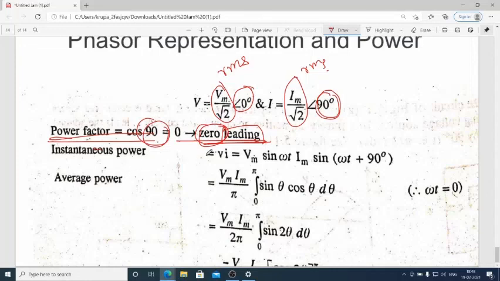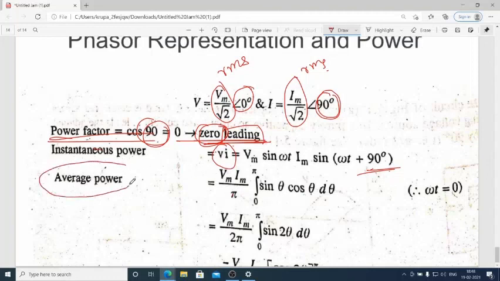What is meant by instantaneous power, and how do we calculate it? Instantaneous power is defined in terms of voltage and current: Vm sin omega t into Im sin omega t plus 90 degrees. So Vm Im upon pi is the average power.